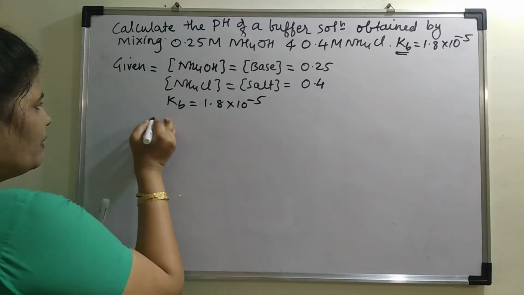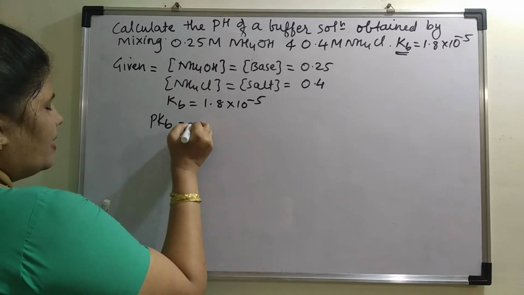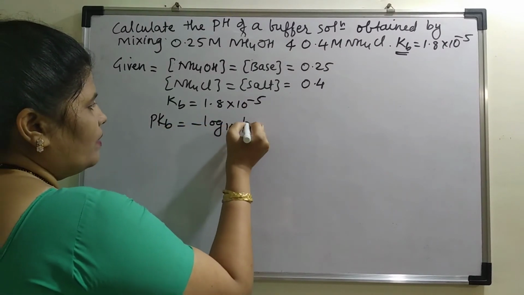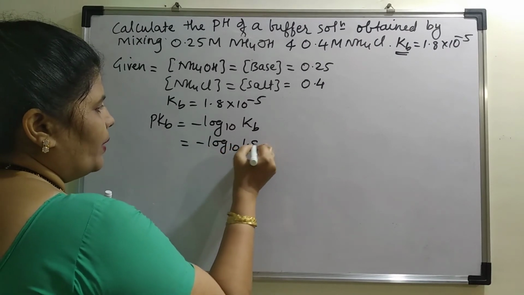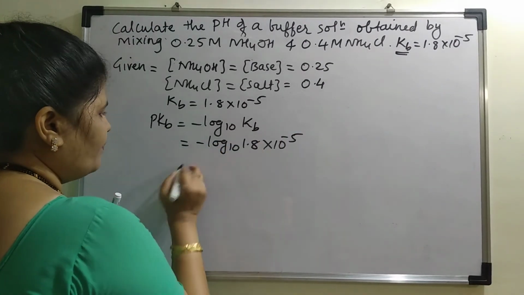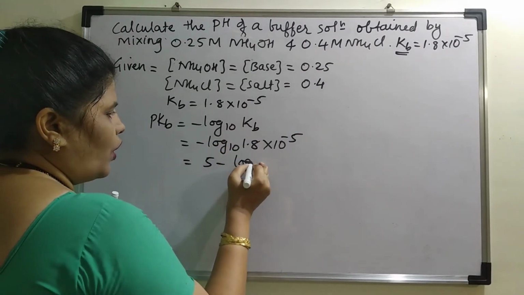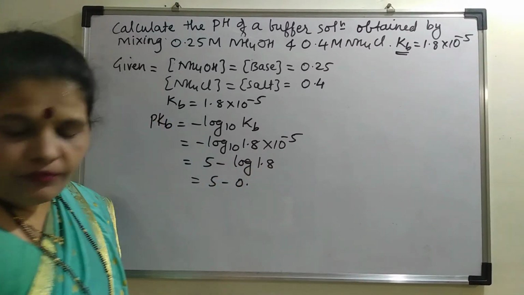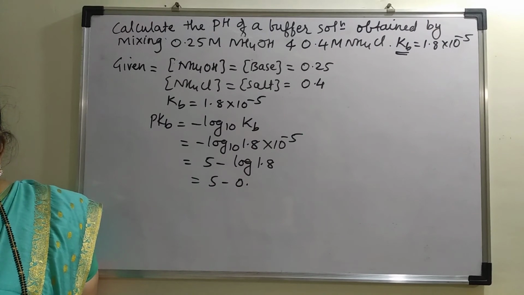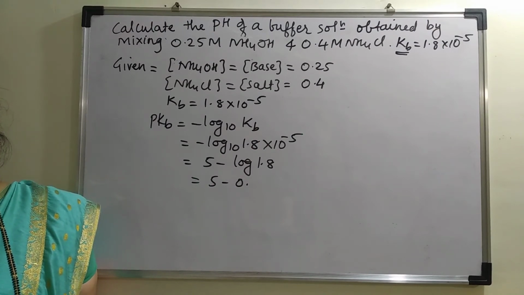Now you know what you have to calculate is pKb, negative log to the base 10 of Kb. So that is negative log to the base 10 of 1.8 into 10 raised to minus 5. So it will be 5 minus log of 1.8. How much, student? We have already seen the values.